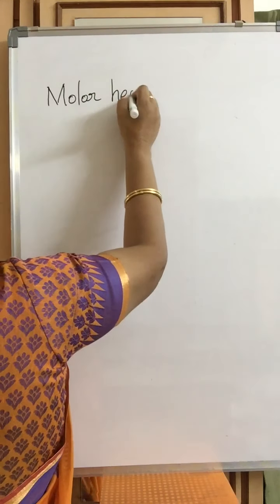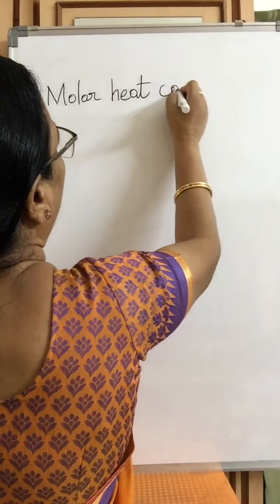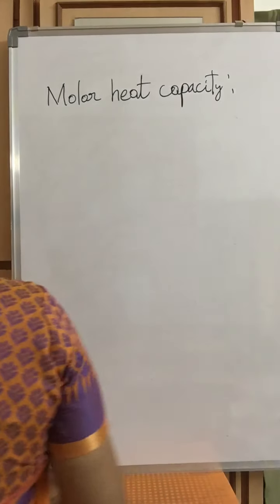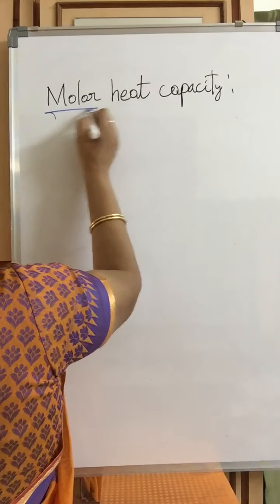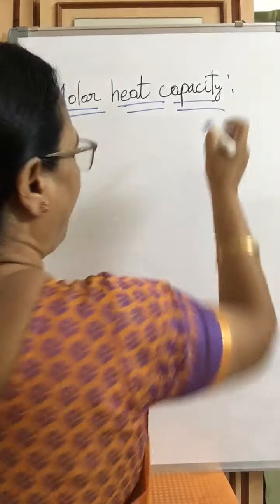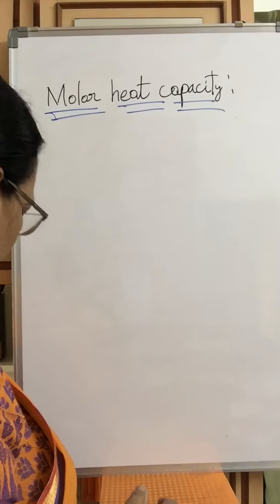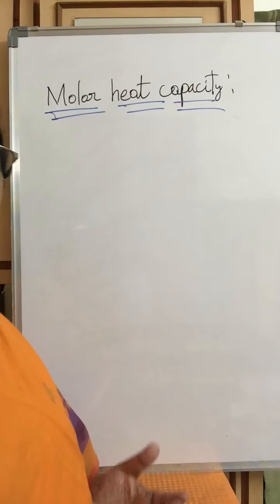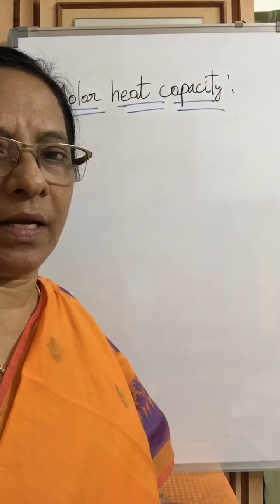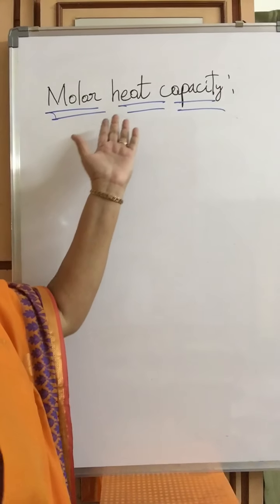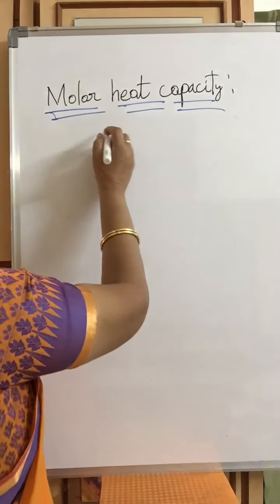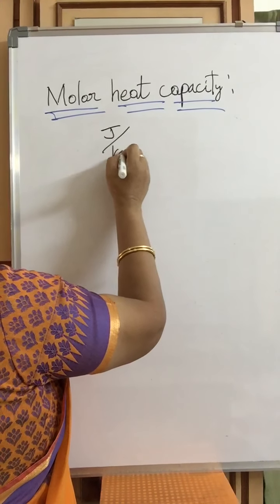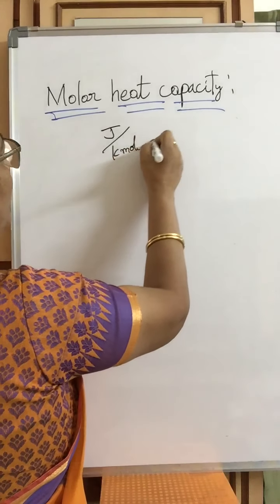After understanding heat capacity and specific heat capacity, you can define molar heat capacity. Its units are joules per kilomole per Kelvin.